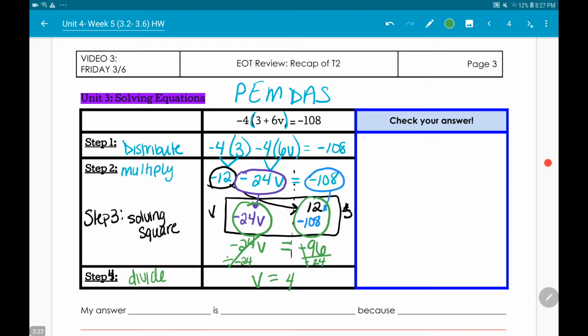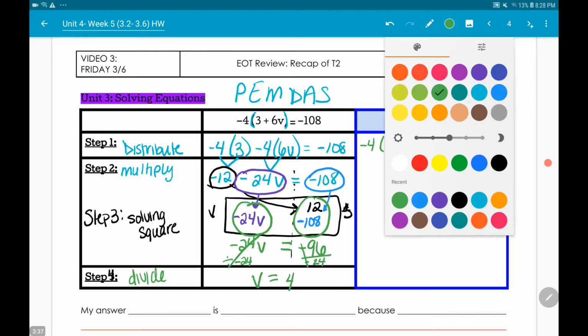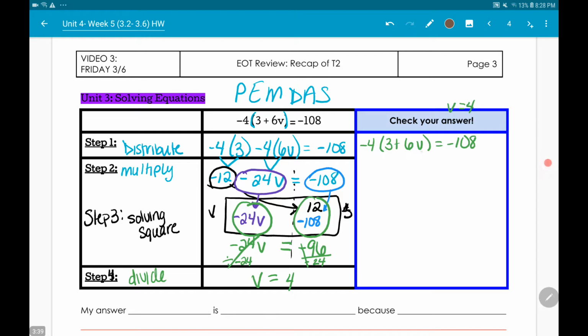So first thing you need to do is rewrite our original equation. All right, and we want to check to see if v equals 4 is the actual correct answer for this equation. So anywhere I see a v, I'm going to put a 4. And everything else comes down around it.